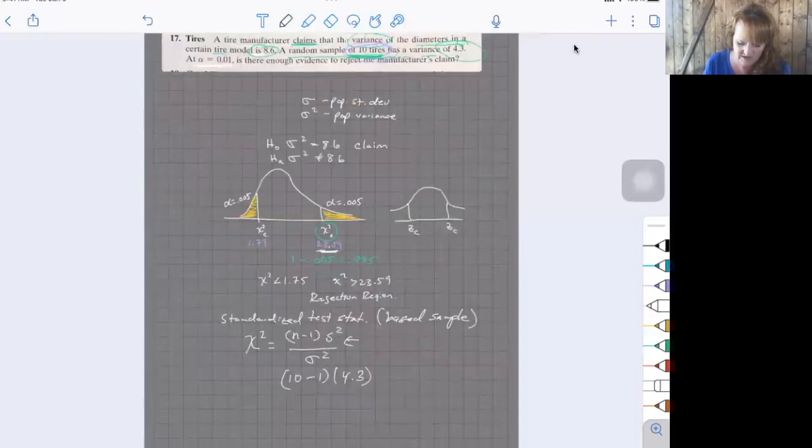And then my population variance is going to be what my claim was about. So it's very similar to when we were entering on the calculator, and it would ask you for that sample statistic, and you'd enter that from your sample, and then the population statistic would be from your claim. It's the same idea. So this is going to be 8.6.